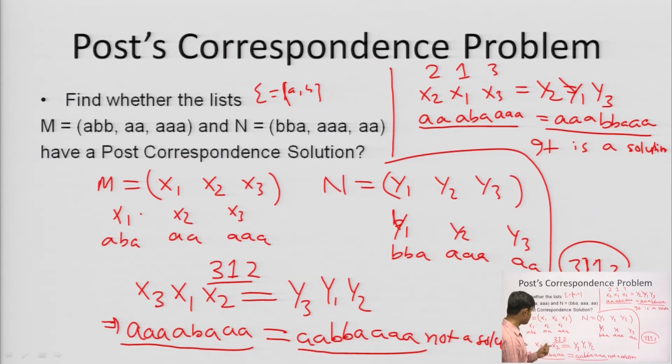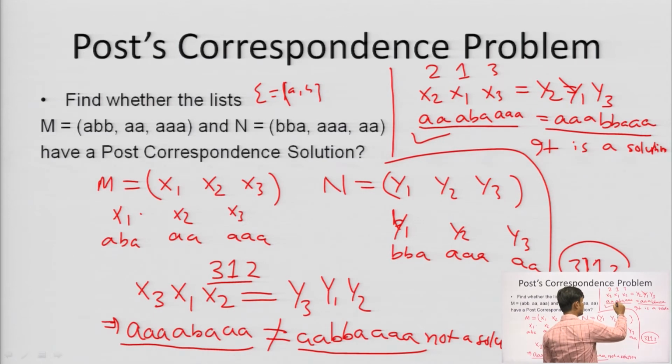So here we have taken a sequence 3 1 2 1, but when we find the strings these are unequal, so that is why it is not a solution. But this is a solution because we find an equal string, both sides are equal. So this post correspondence problem has a solution.